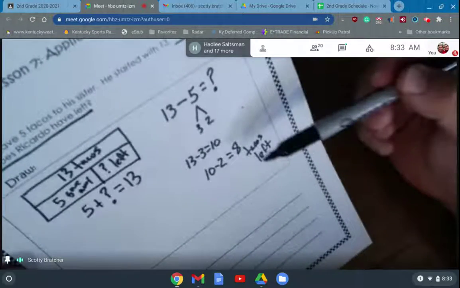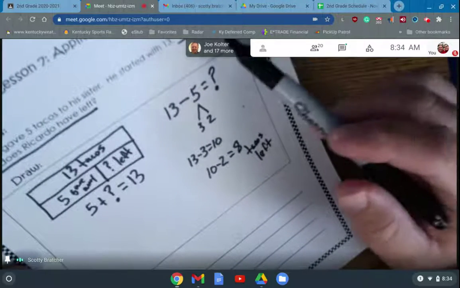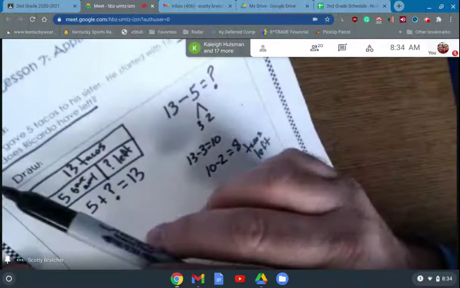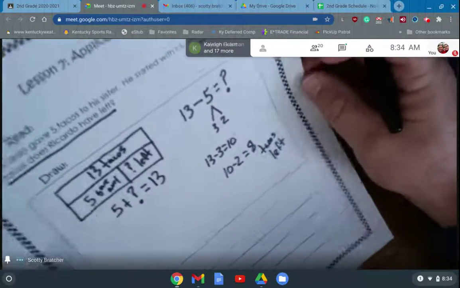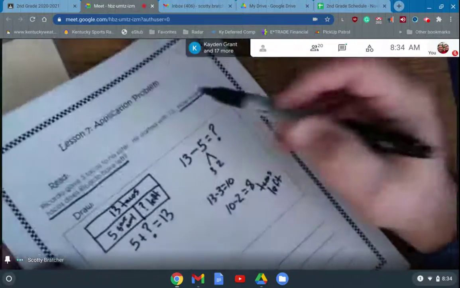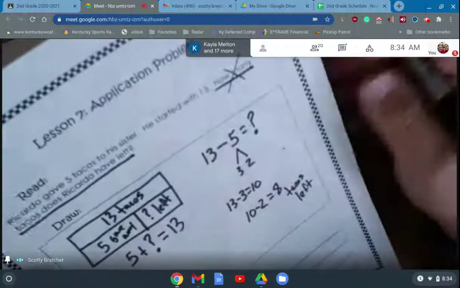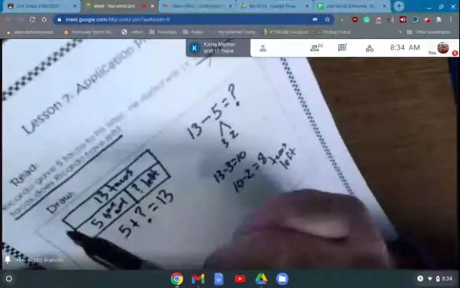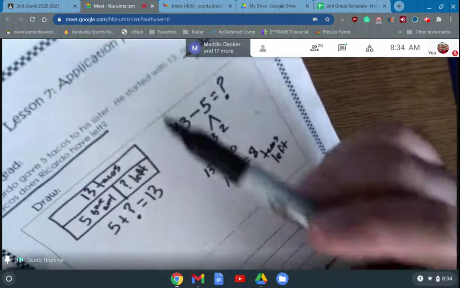Okay. I come up with an answer of 8 tacos, but I have to restate my question now. It says, how many tacos does Ricardo have left? Okay. So what makes it a question is the how many. So I'm going to get rid of that wording. I've got what I've got left here is tacos Ricardo has.